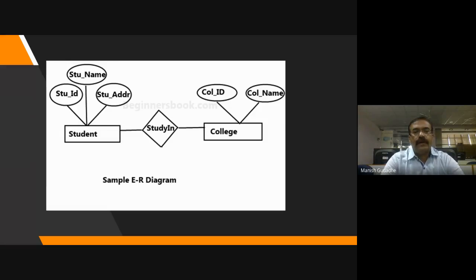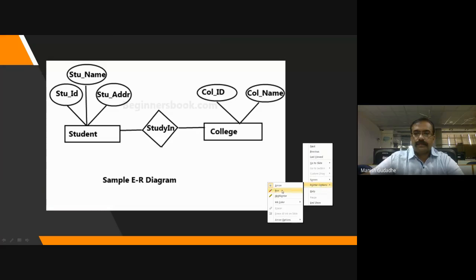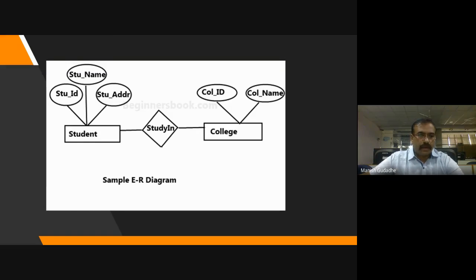This is a sample of ER model, sample ER diagram. We have an entity student which has properties student ID or student roll number, student name and student address. College has property college ID and college name.